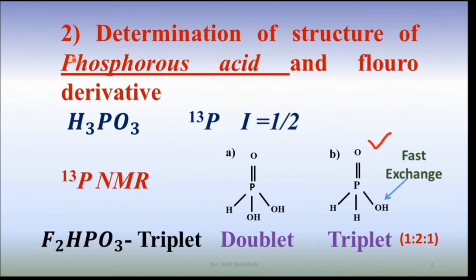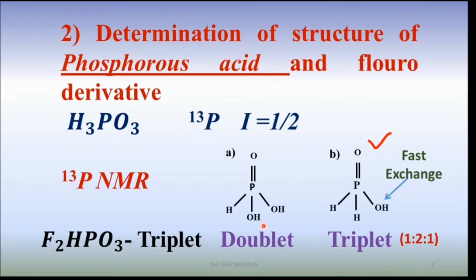The structure of phosphorous acid is elucidated using phosphorus NMR. The formula of phosphorous acid is H3PO3. There are two possible structures I have given here. In this case, phosphorus 31, I equal to 1 by 2.